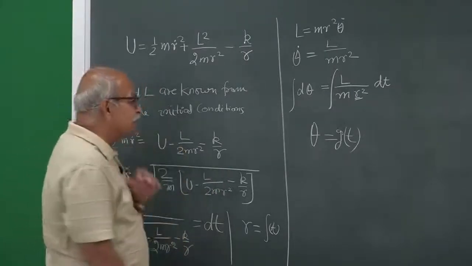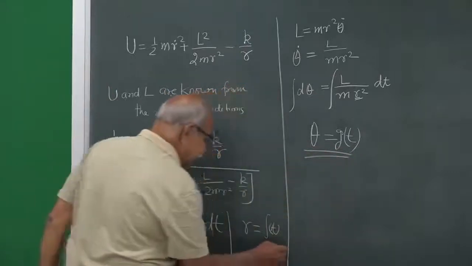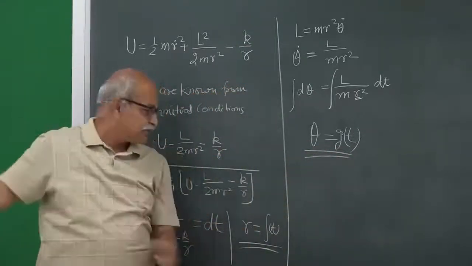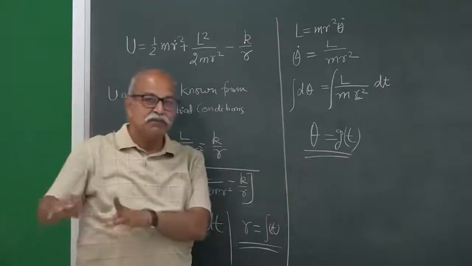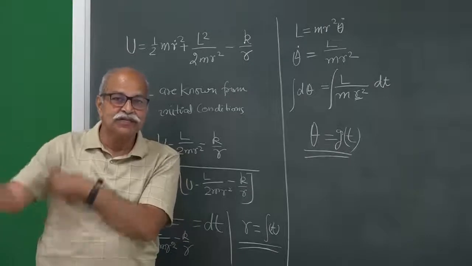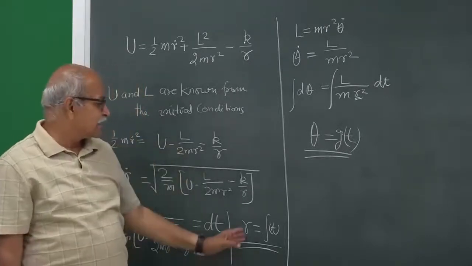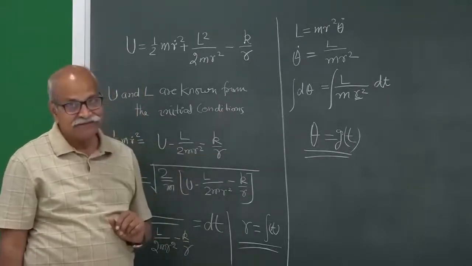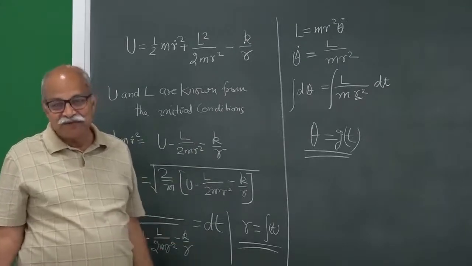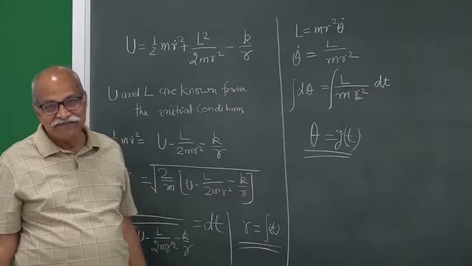And if you eliminate time from here and here, you have two equations, r is a function of time, theta is another function of time. If you eliminate time from these two equations, what do you get? You will get r as a function of theta, that is the path, that is the equation of the path, r as a function of theta.